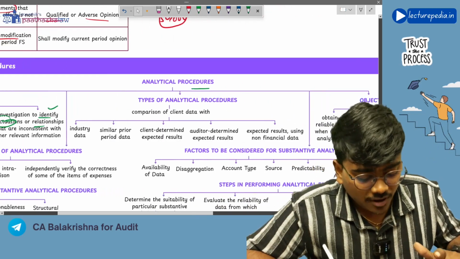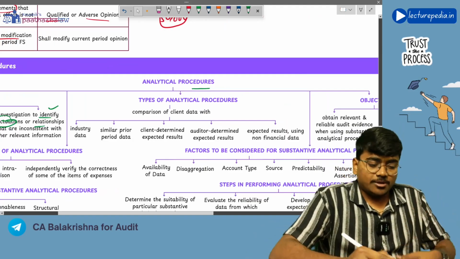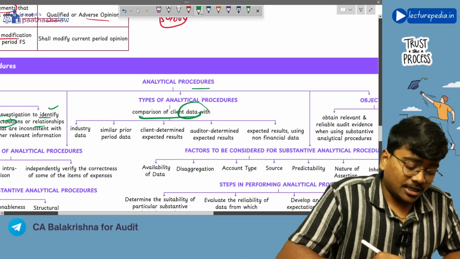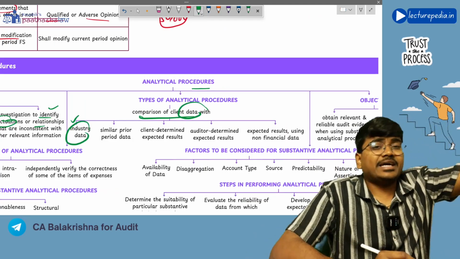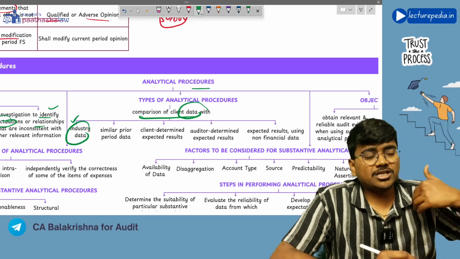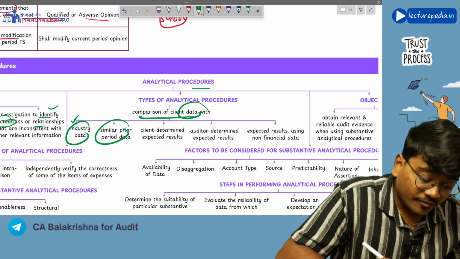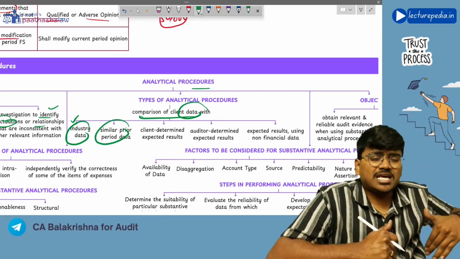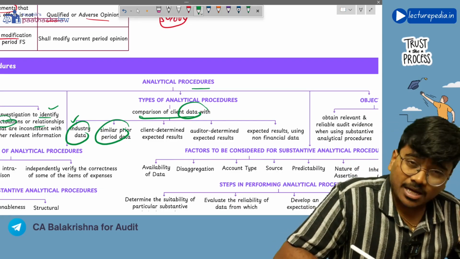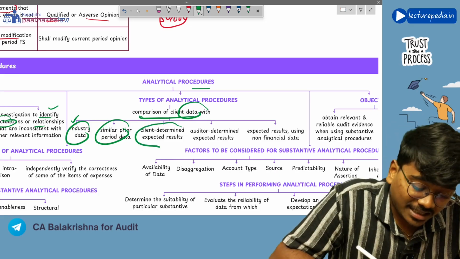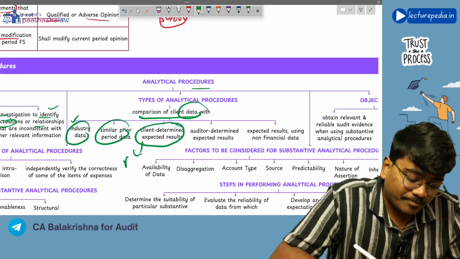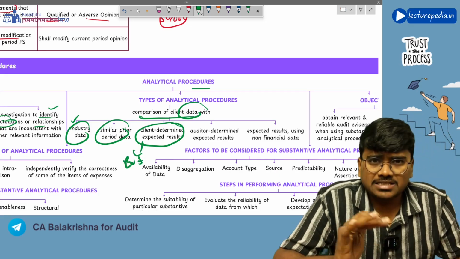Next, type of analytical procedure that you can perform. See, you can compare client data with industry data, right? Comparison of client data with industry data. Next, comparison of client data with similar prior period data of the same client. Next, comparison of client data with client determined expected results, nothing but budgets or forecasts, you can say.